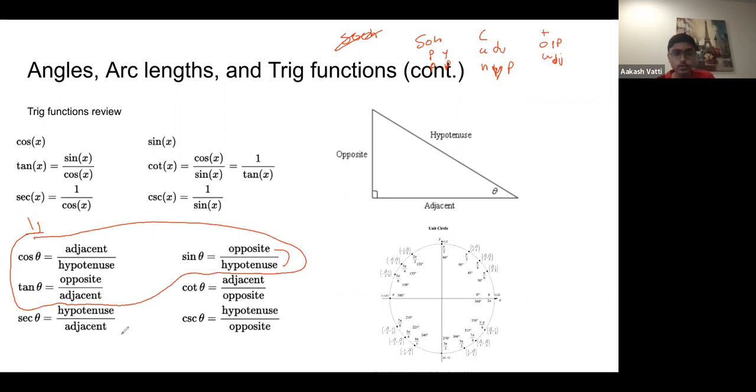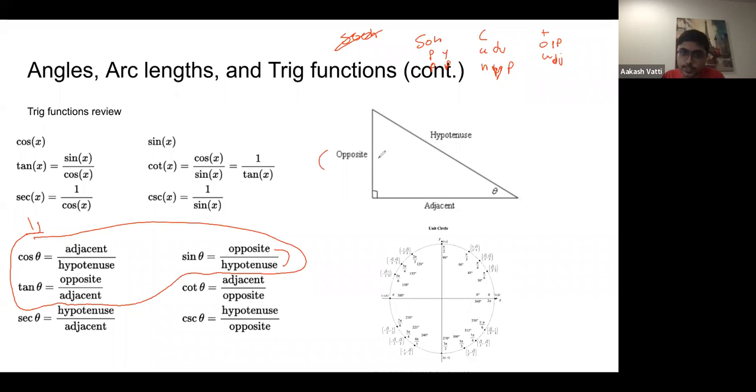And same thing with cosecant, which is sine's inverse. Sine is opposite over hypotenuse, while cosecant is hypotenuse over opposite.